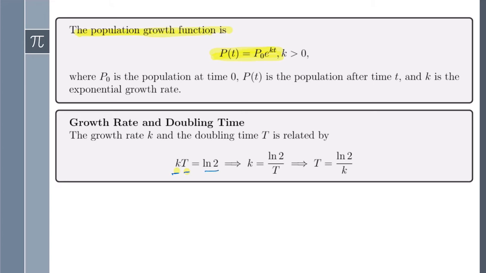If we want to find the growth rate, we divide natural log of 2 by the doubling time. If we know the growth rate and want the doubling time, we do natural log of 2 over the growth rate. That gives us the doubling time.